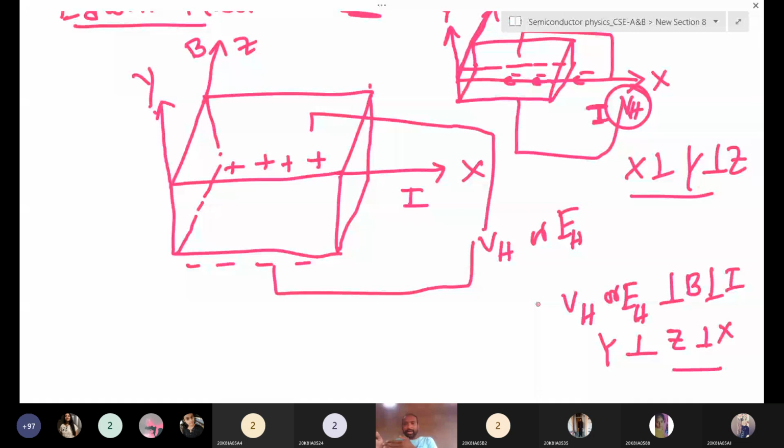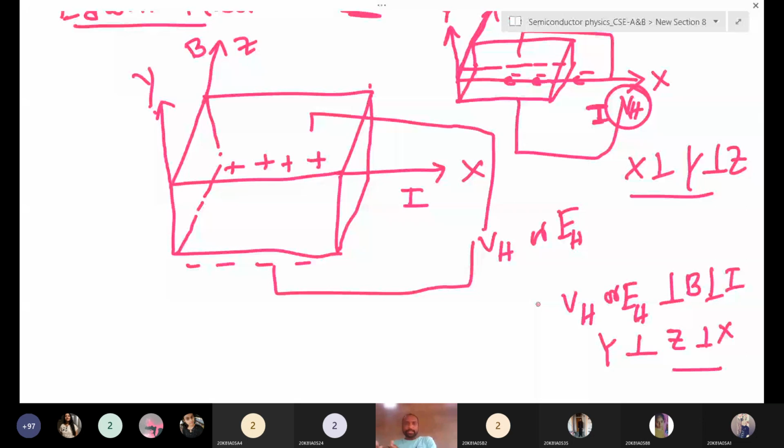If you apply some magnetic field perpendicular to the current, along the z direction or the y direction, whatever direction you take is not a problem. For convenience we are taking the x direction. In that semiconductor carrying current in one direction, if you apply a magnetic field perpendicular to the current direction, there is a development of voltage or electric field perpendicular to the magnetic field and perpendicular to the current.